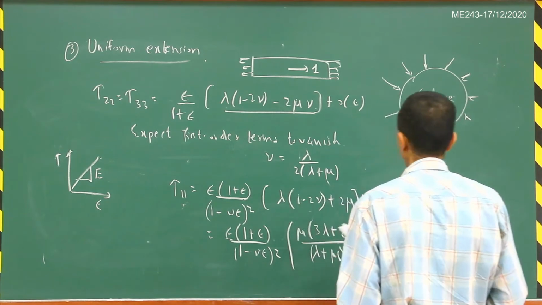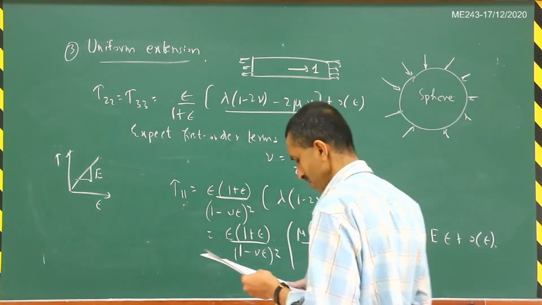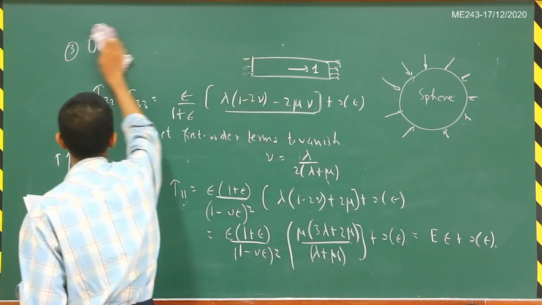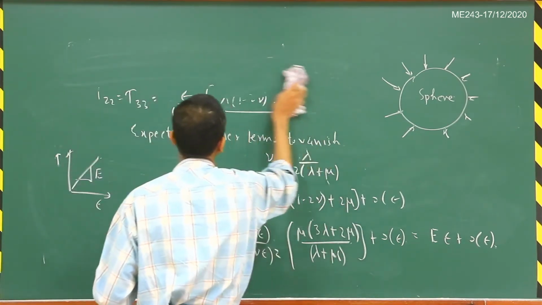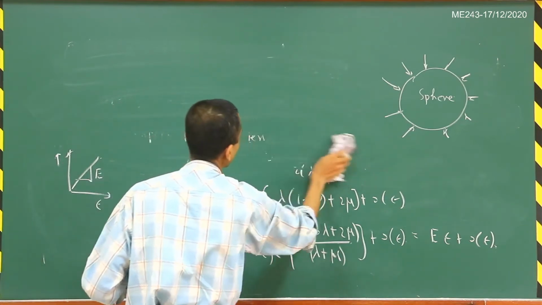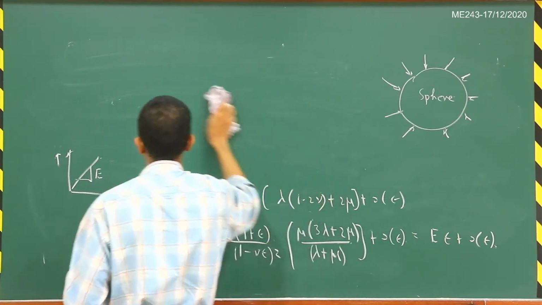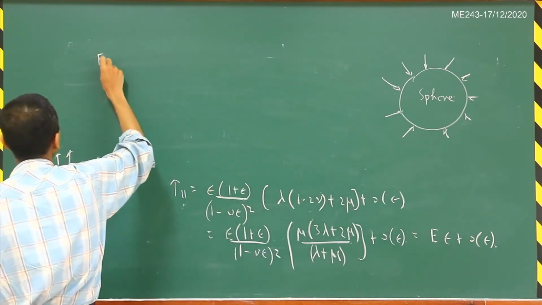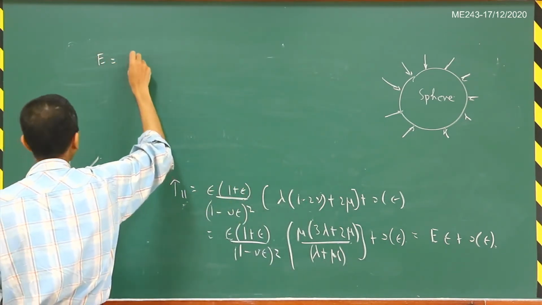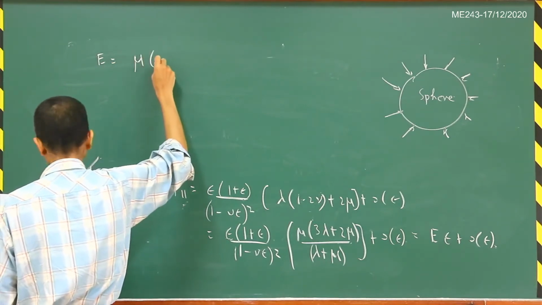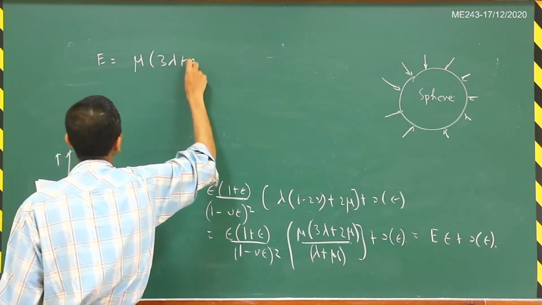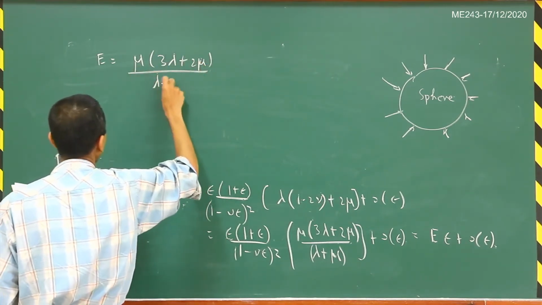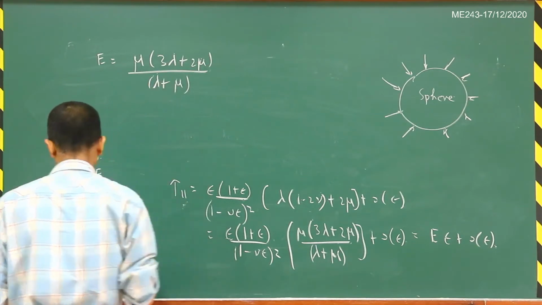And so if you now compare these particular terms, then you will get that E is equal to mu times 3 lambda plus 2 mu divided by lambda plus mu. Okay. So these are the relations.